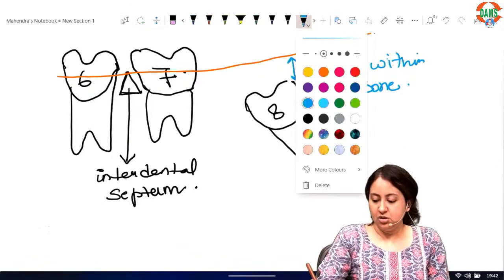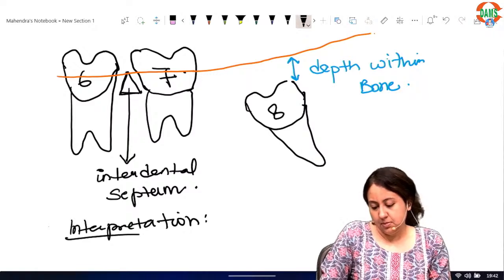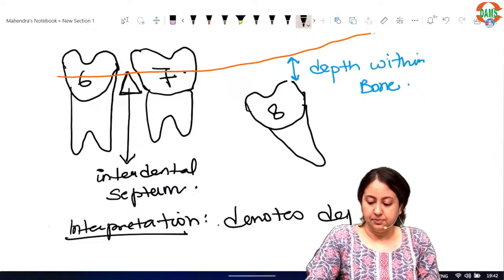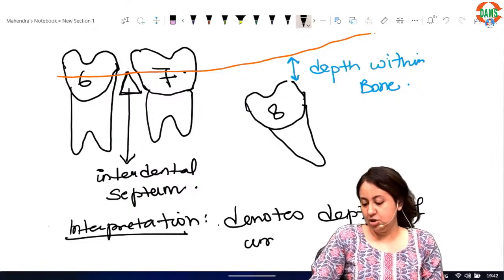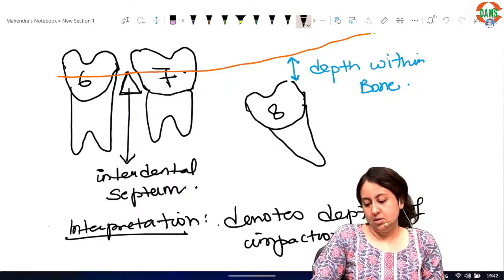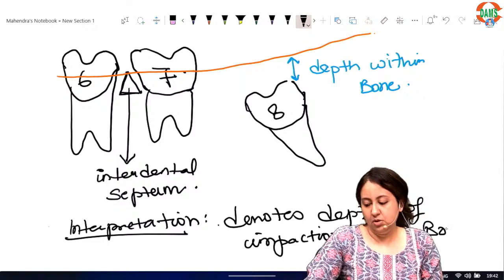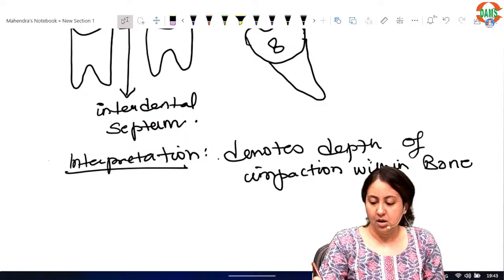So interpretation: it denotes depth of impaction within bone. Okay, this is the interpretation of amber line.